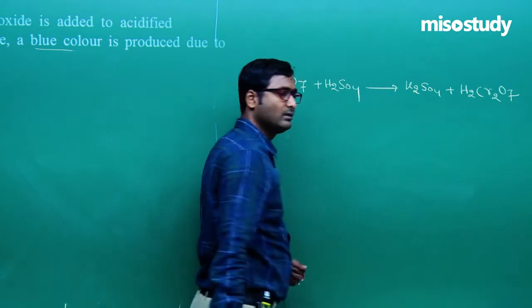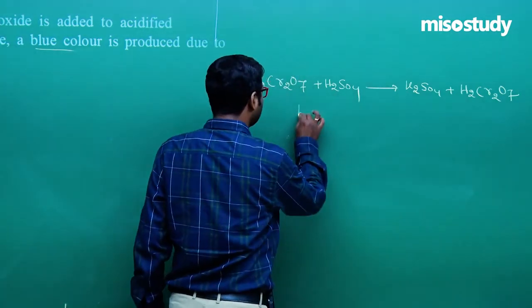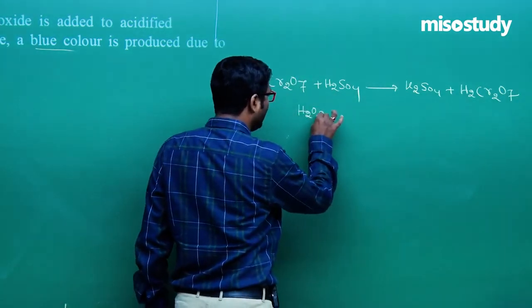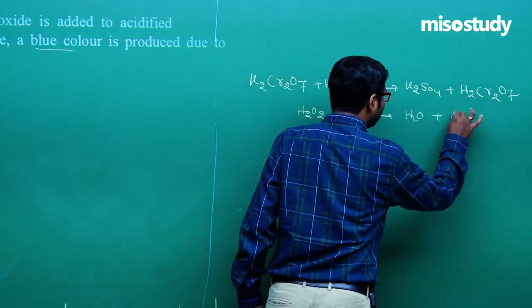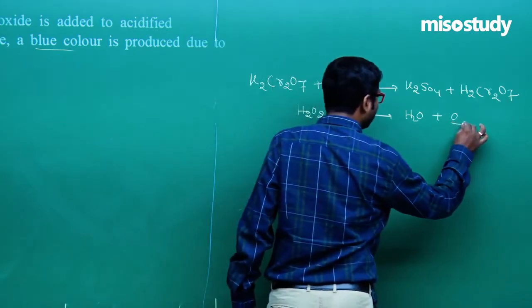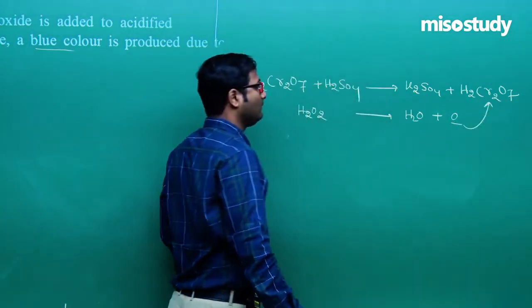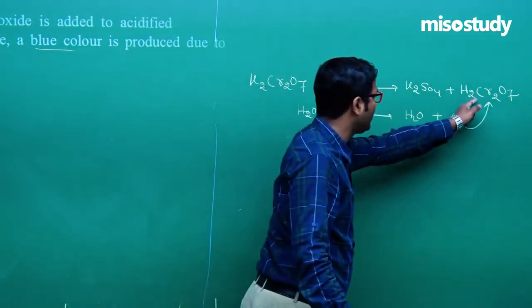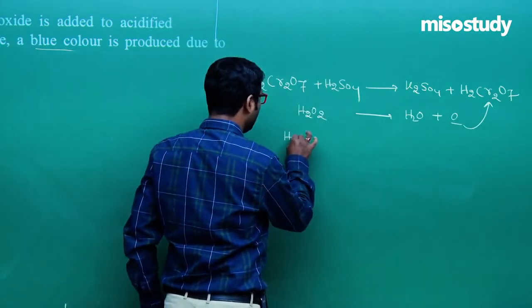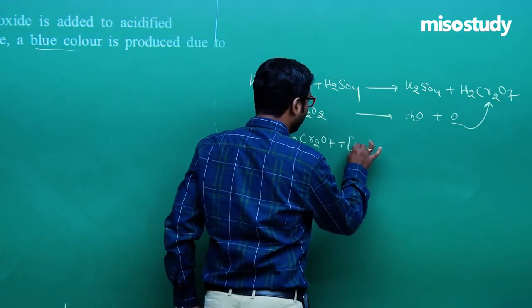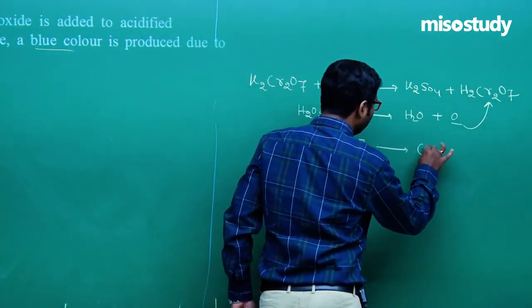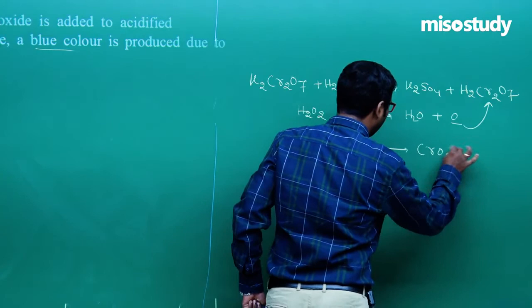H2Cr2O7. Clear? Now H2O2 will dissociate like this, H2O plus nascent oxygen, and this nascent oxygen will convert H2Cr2O7 into CrO5.